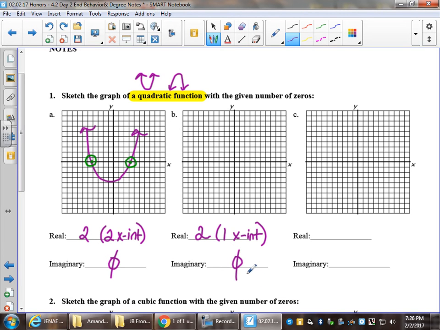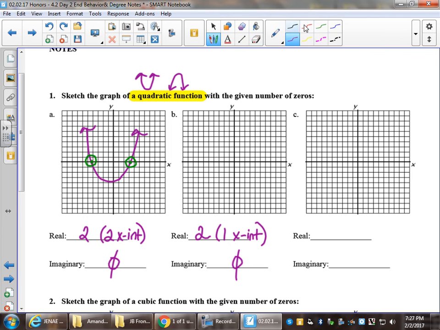Think back to our repeated zeros, where when you solved something, you don't have to write this down, but it was something like this. That would mean x minus 5 times x minus 5, it's repeated.